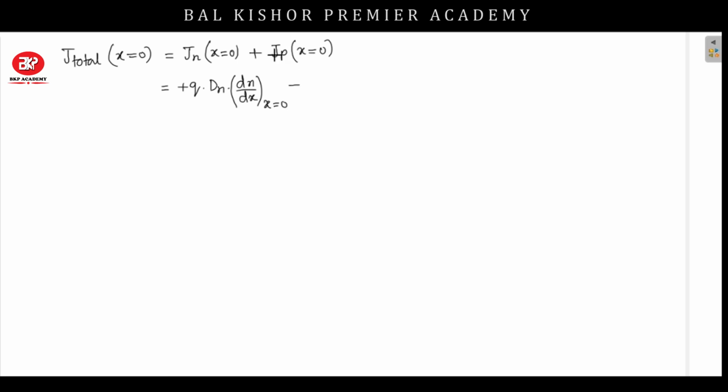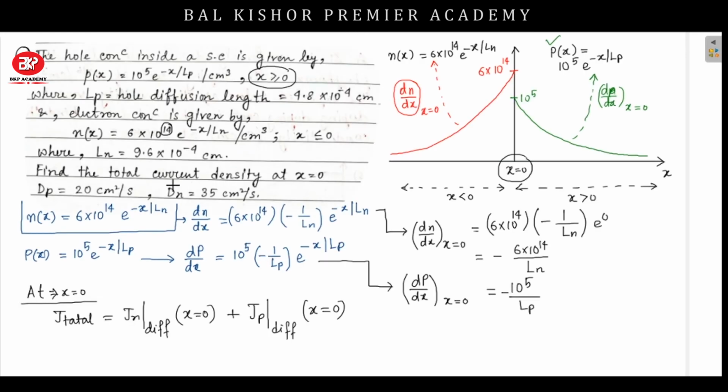And the value of Jp is negative, so I put a negative sign. So here we get q into dp into dp by dx at x equals to 0. The q value is common in both, so I can write q as 1.6 into 10 to the power -19. And in the question you can see dp value is given as 20 centimeter square per second and dn value is 35 centimeter square per second.